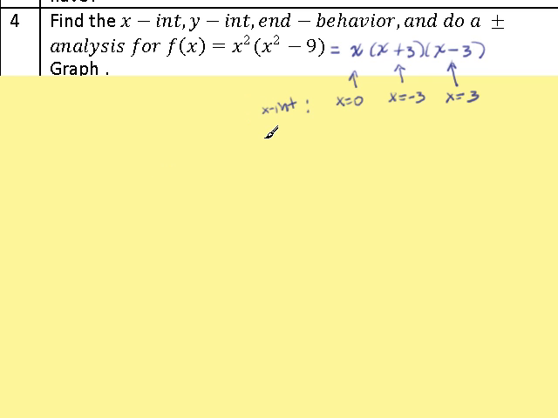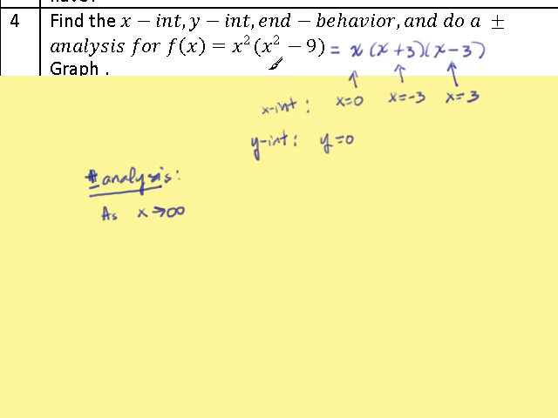And we get the y-intercept by setting x equal to 0, and we will get 0 on the right-hand side. So y is equal to 0. So that's the y-intercept. All right, let's do the plus-minus analysis. As x goes to infinity, what's the leading term here, the highest degree term?